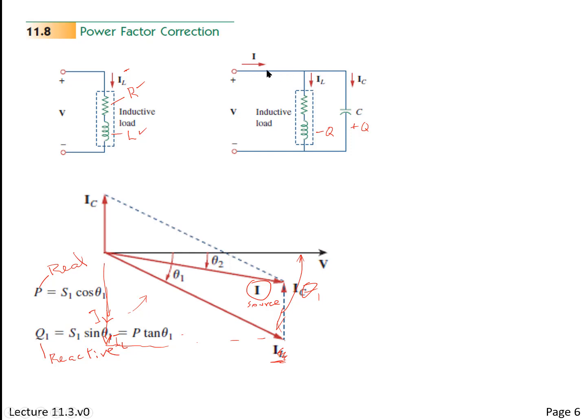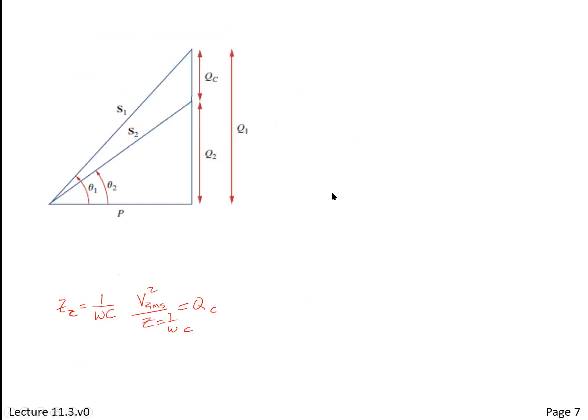So it basically straightens up the current. It doesn't mean more or less power got delivered here. In fact, it cost me power to do this. But it makes the whole system more efficient, and that's what we're after.